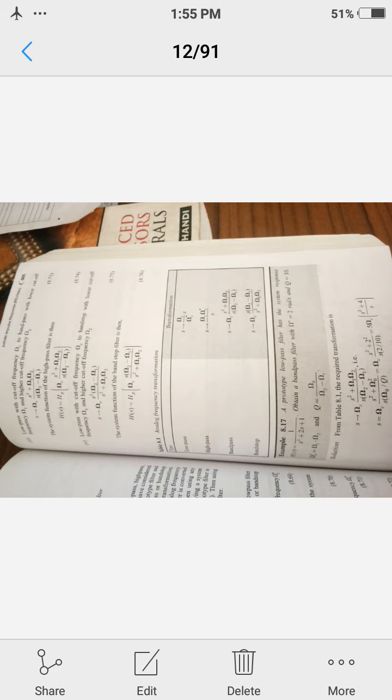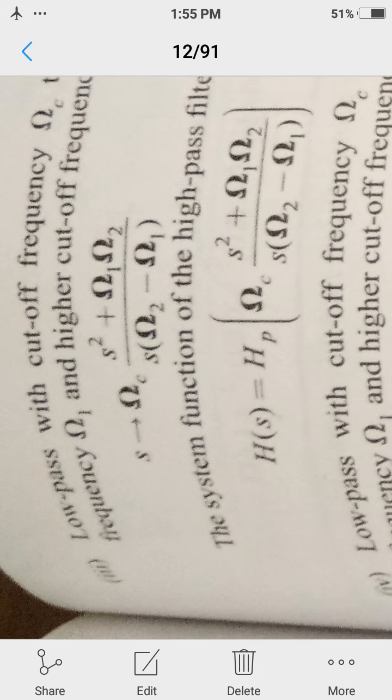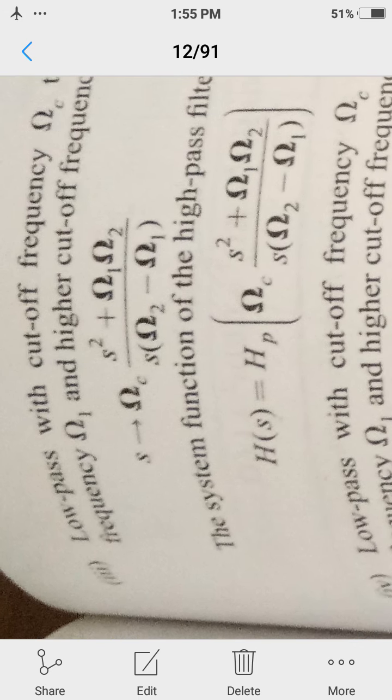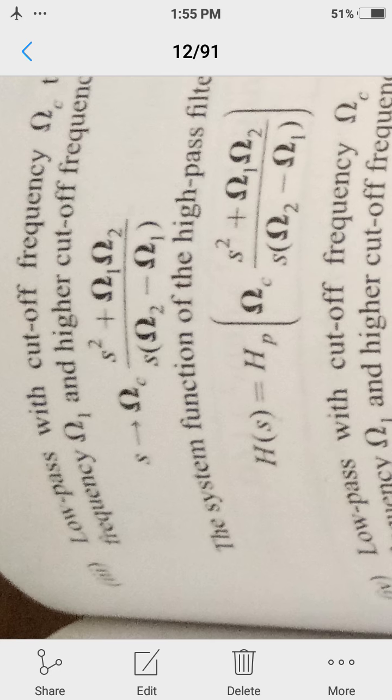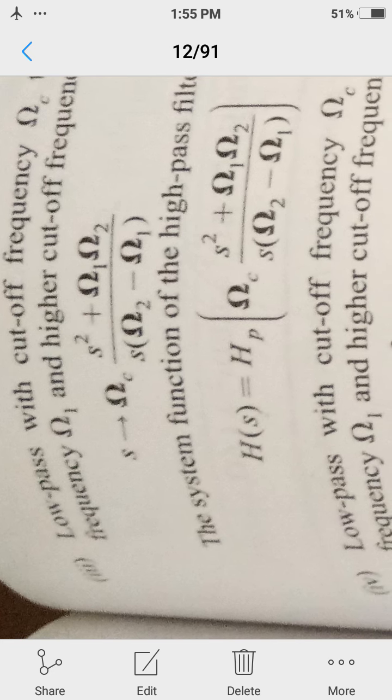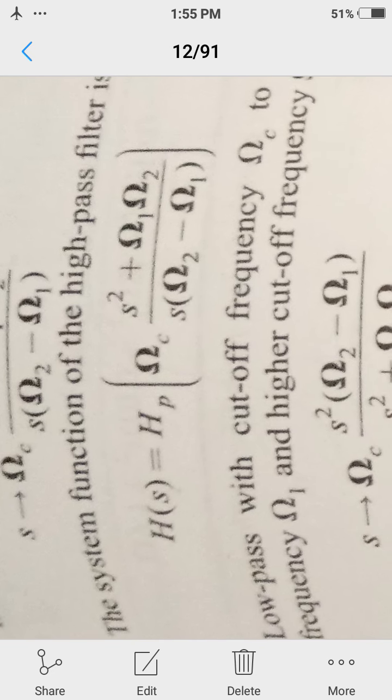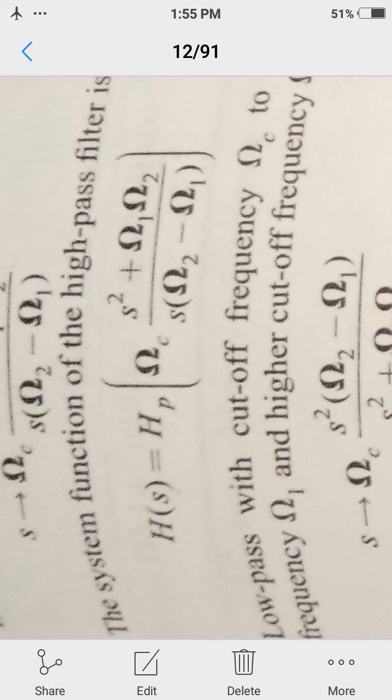Then if the low pass filter with cutoff frequency Ωc is to be converted to a band pass filter with lower cutoff frequency Ω1 and higher cutoff frequency Ω2, then s should tend to Ωc (s² + Ω1Ω2)/(s(Ω2 − Ω1)), and the system function will become H(s) equal to HP(Ωc (s² + Ω1Ω2)/(s(Ω2 − Ω1))).